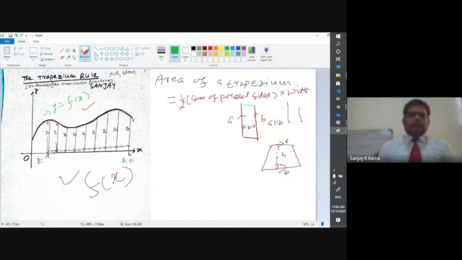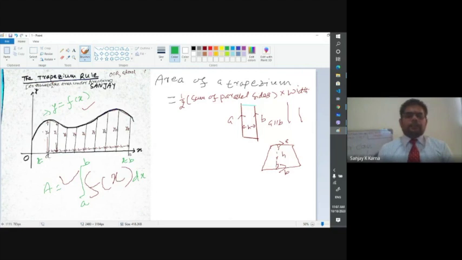In general, by the integration method, we integrate the given function f(x) over the given range, here a to b, with respect to x, and it gives you the area under the curve between x equals a and x equals b.